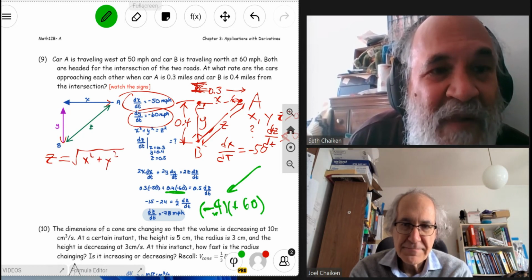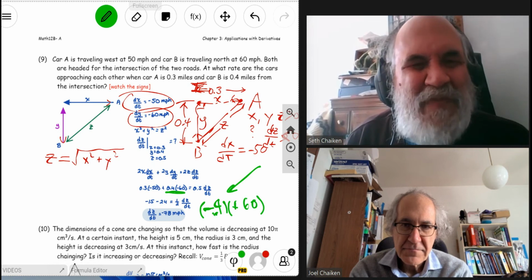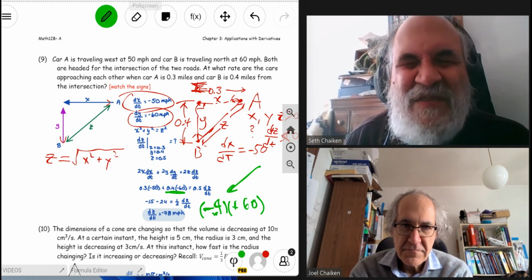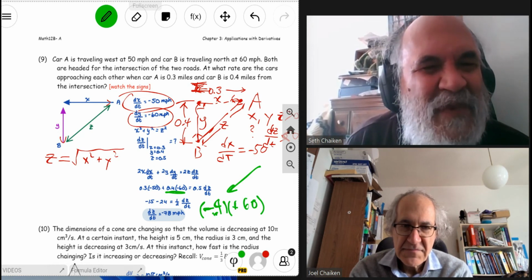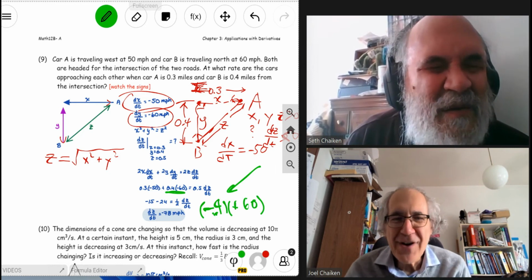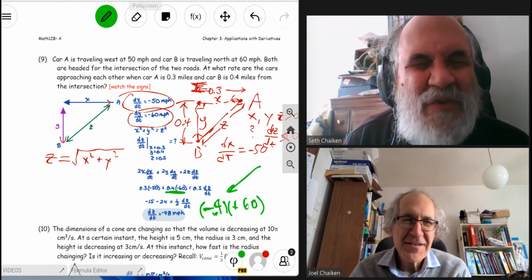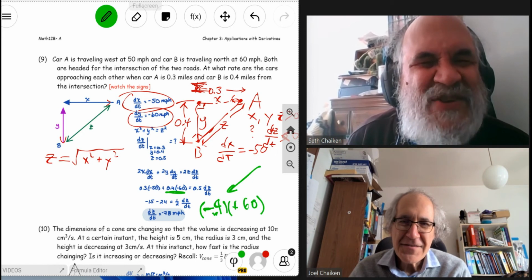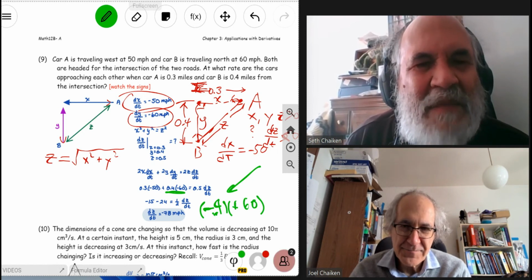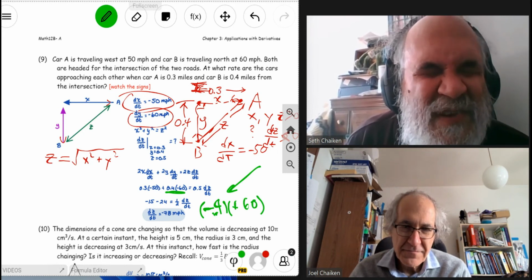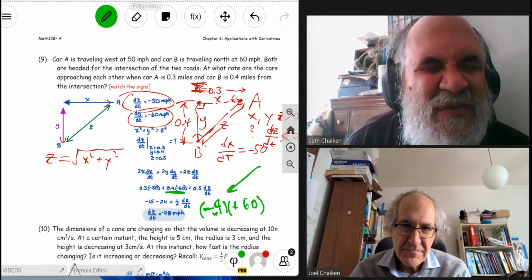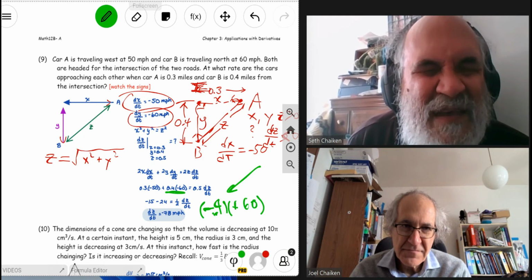And now you could directly take the derivative of this. Shall we do that? When you differentiate this and then plug in dx dt equals this, dy dt equals this, you're going to get the same thing.